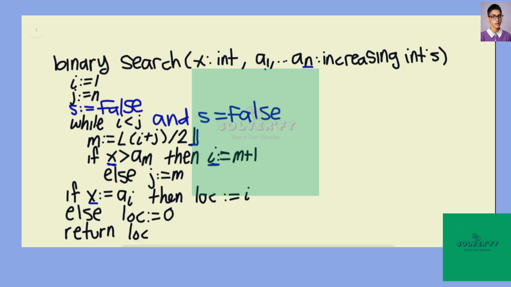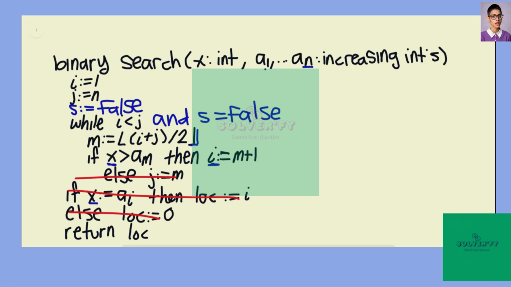Okay, so then we go through and check if x is greater than a sub m, and if it is, we're going to change our point. But then in here, before we get to the else case, we're going to go ahead and edit these lines.